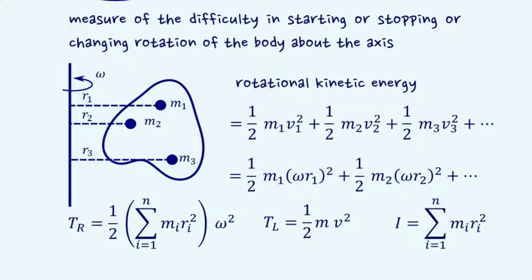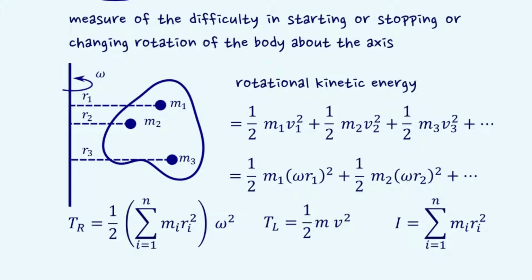Although each particle of the object has the same angular velocity, they have different linear velocities based on their distances from the axis of rotation. Total rotational kinetic energy can be obtained by summing up the rotational kinetic energy of individual particles, that is, T_r equals half of the sum over i equals 1 to n of m_i r_i squared, times omega squared.